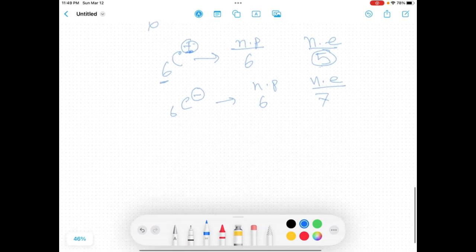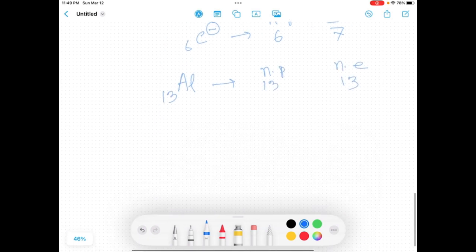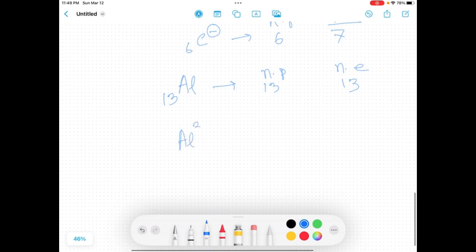Take another example, aluminum 13. In the neutral situation, the number of protons is 13 and the number of electrons is 13, but aluminum can produce an Al3+ ion. In that case, how many protons are here? The number of protons will again be 13, because the number of protons and the atomic number are the same, so it will not change. But how many electrons are present here?